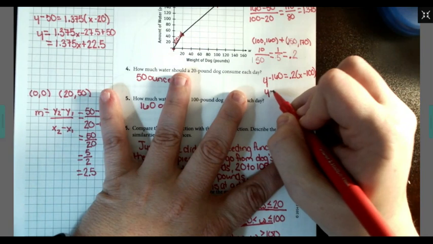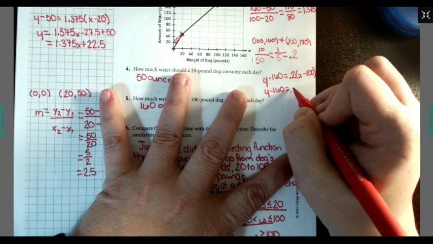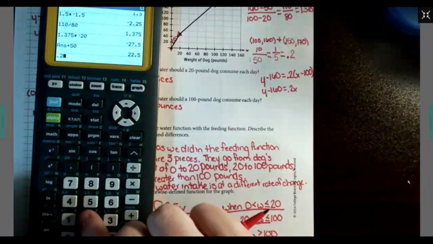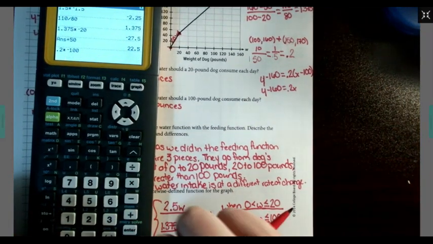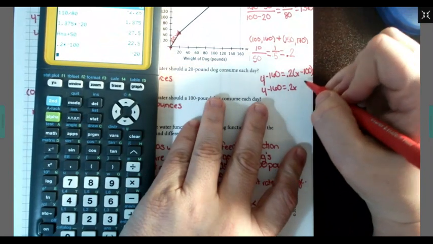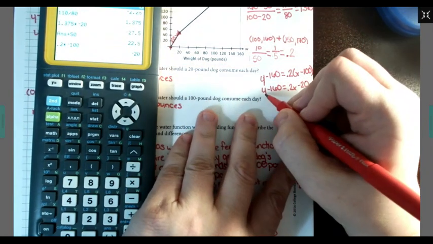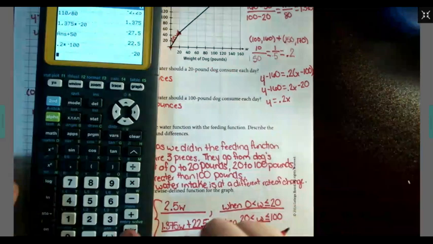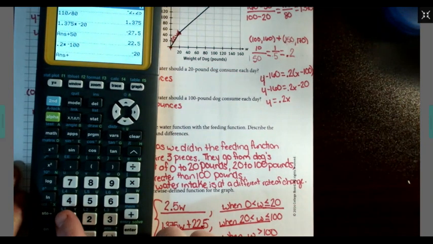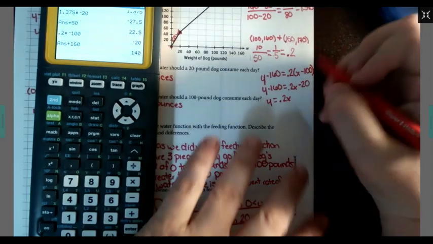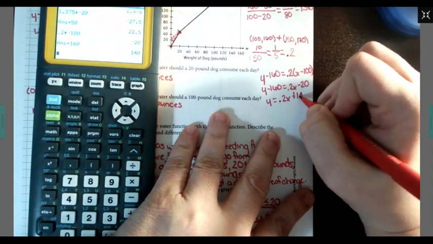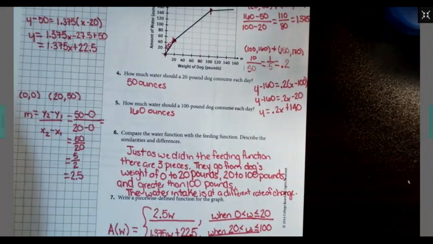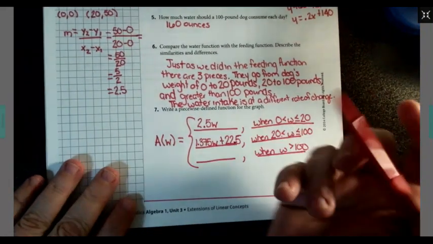So I got y minus 160 equals 0.2x, and 0.2 times negative 100 is negative 20. Now we're going to add that 160 to both sides. So I got 0.2x, going to add 160, which makes it a plus 140. So 0.2W plus 140.